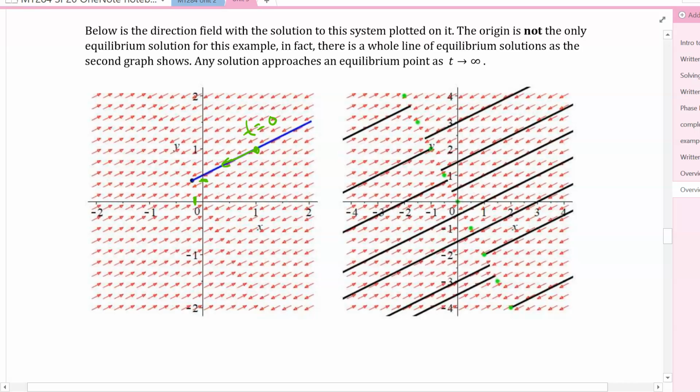And what we're seeing in this particular example is all of the solutions are going to approach one of the equilibrium solutions. If you're not starting at an equilibrium solution, you're going to approach an equilibrium solution as t goes to infinity. The other possibility would be those arrows being reversed. If the eigenvalue was, say, positive 5 instead of negative 5, those arrows would be pointing away from the line of equilibrium solutions.